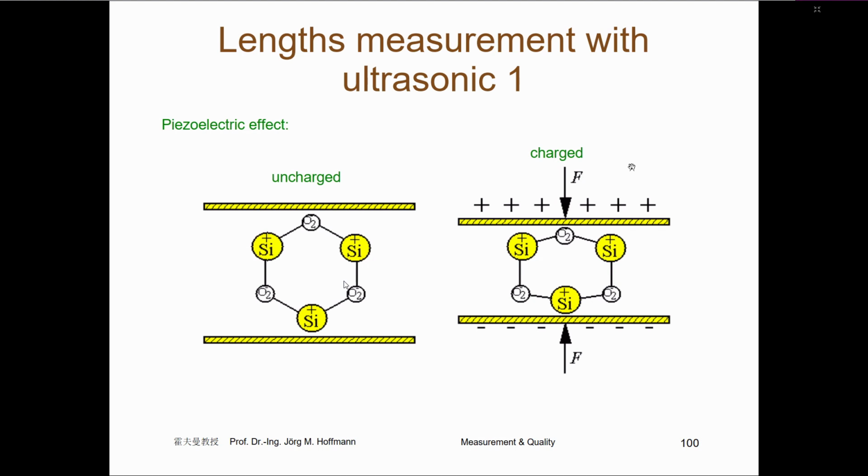That can be the ultrasonic waves, but you can also produce the ultrasonic waves when you set a voltage on the same sensor, on the same material. That means a piezoelectric sensor can work as a producer for ultrasonic and can also work as a sensor for ultrasonic.